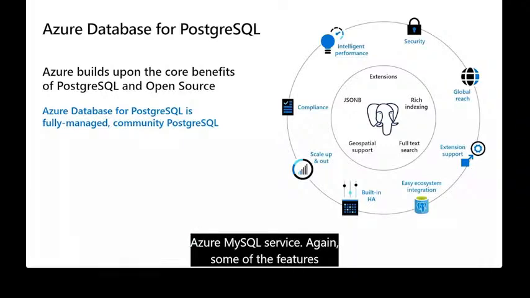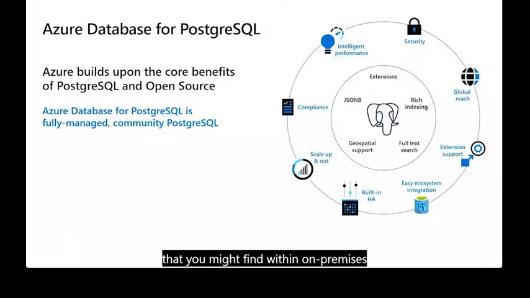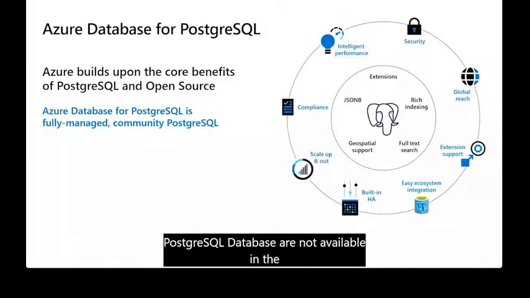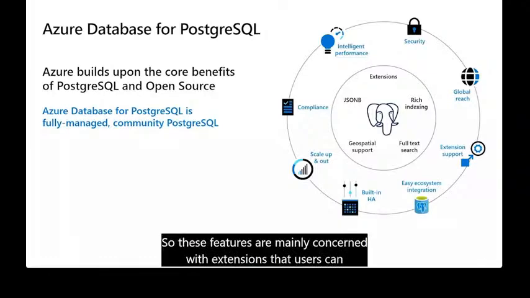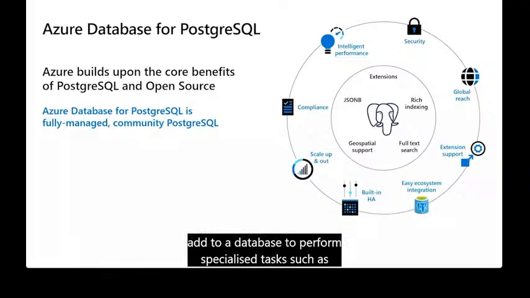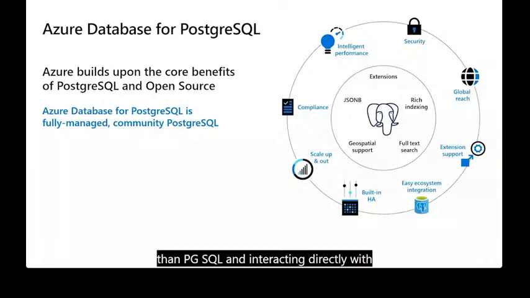Again, some of the features that you might find within an on-premises PostgreSQL database are not available in the Azure PostgreSQL database service. So these features are mainly concerned with extensions that users can add to a database to perform specialized tasks, such as writing stored procedures in programming languages other than PGSQL, and interacting directly with the operating system.